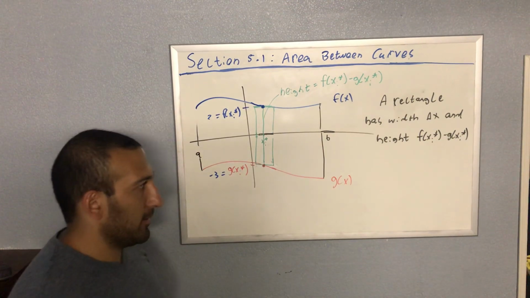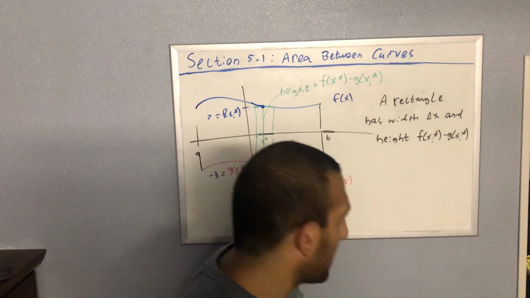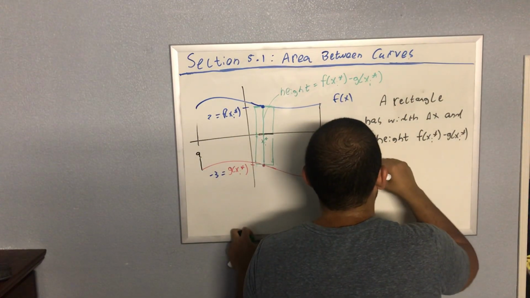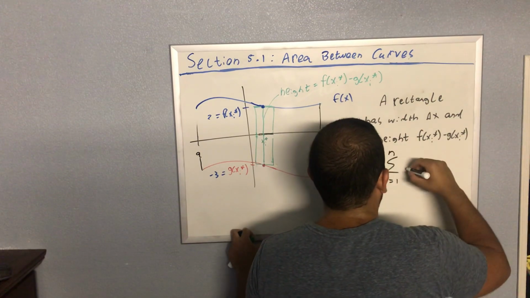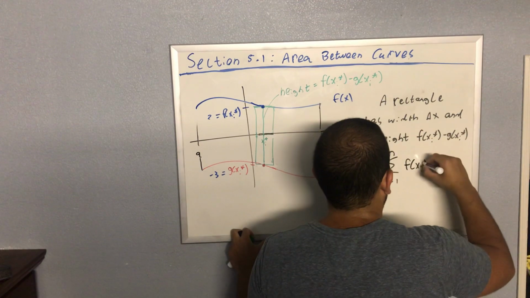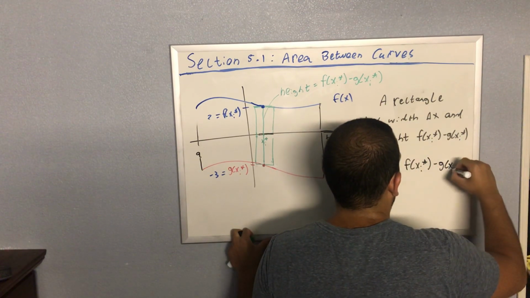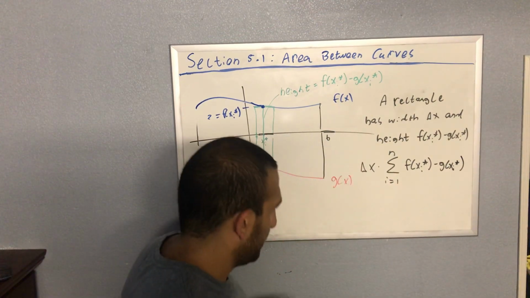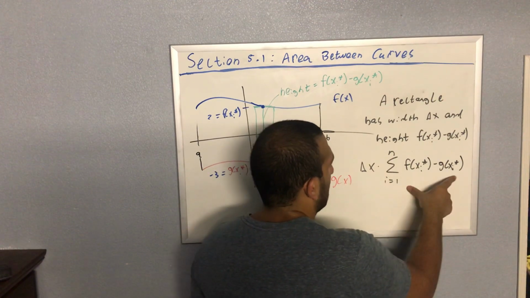So the Riemann sum, what is the Riemann sum going to be? Remember, it is delta x times the sum of this guy, because this is the width, which is always the same, and these were the heights.